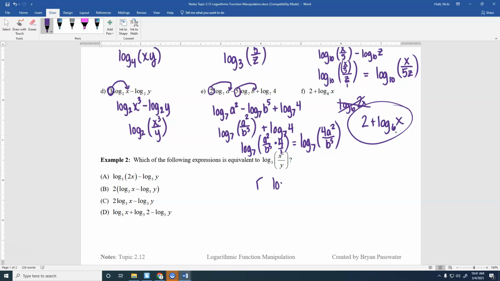So that would be log base 3 of x squared minus log base 3 of y, which is correct, but is it an answer choice for us? It is not. So there's one more thing I could do to this. What else could I do? What do you think, Connor? That 2 could be pulled out as the coefficient. So I got 2 log base 3 of x minus log base 3 of y, and that one is right here. That'll be answer choice C. Okay, questions?